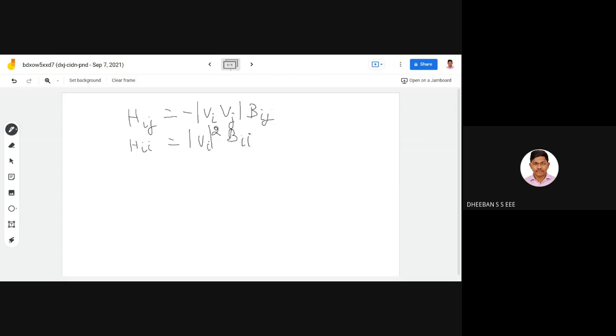So after this your Li will be equal to Vi square into B, the same value, and finally your Lij will be equal to Vi square into Bij.